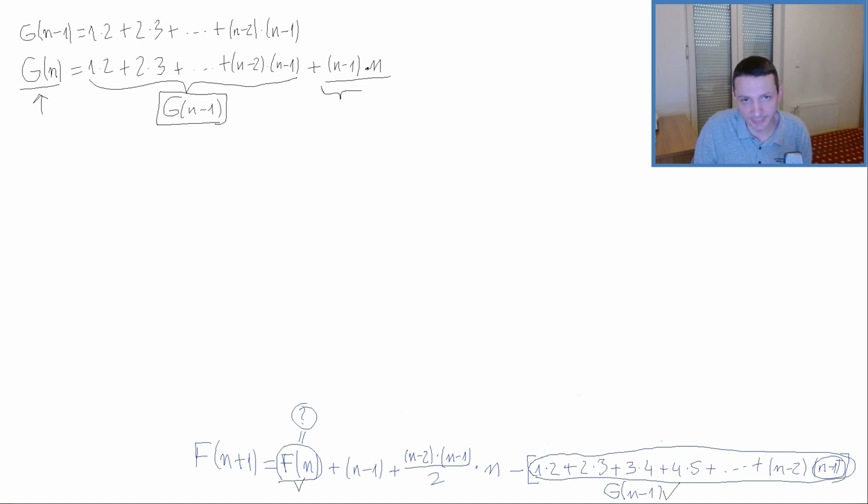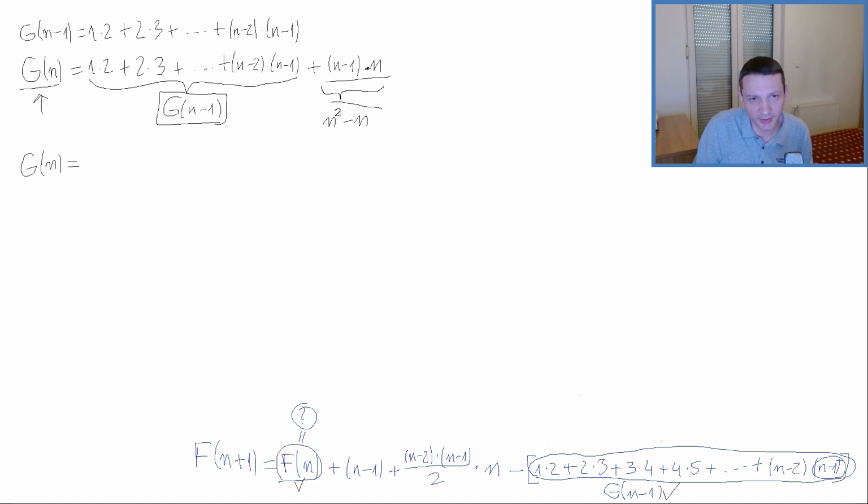So this will be a standard trick for how to obtain this. Here this last term is actually a quadratic function of n. This is n squared minus n. And we can assume that our function g of n is actually a polynomial with degree which is larger by 1.